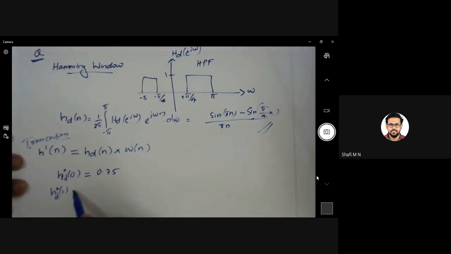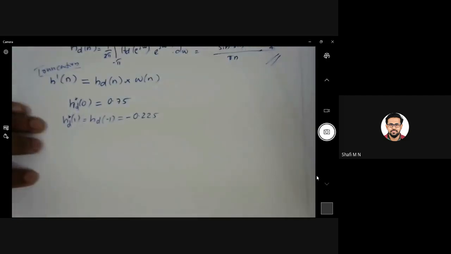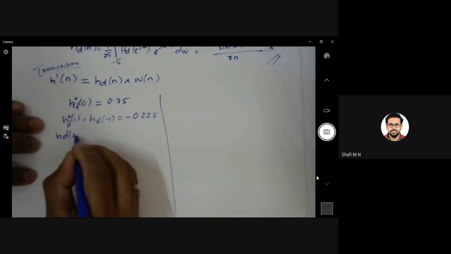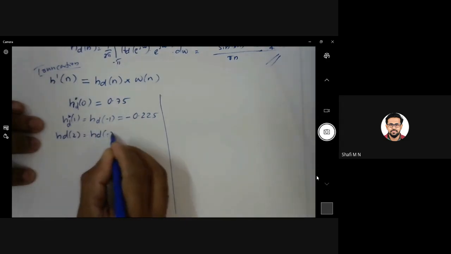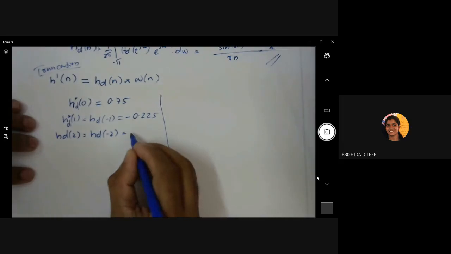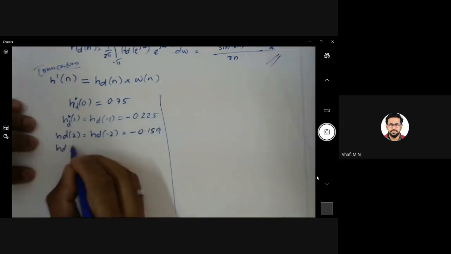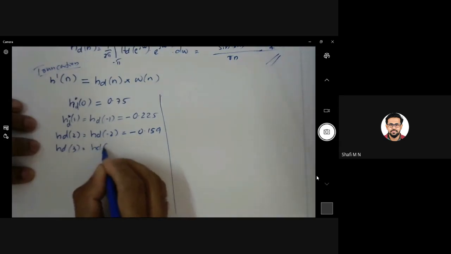So hd of 1 equal to hd of minus 1. What was that? Minus 0.225. Then hd of 2, that is equal to hd of minus 2. What was it? Minus 0.159. Then hd of 3 equal to hd of minus 3.